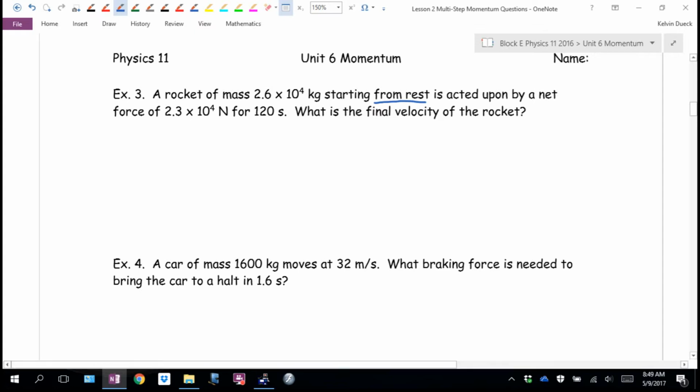What's this question asking me to find? Force, see it? Time, see it?